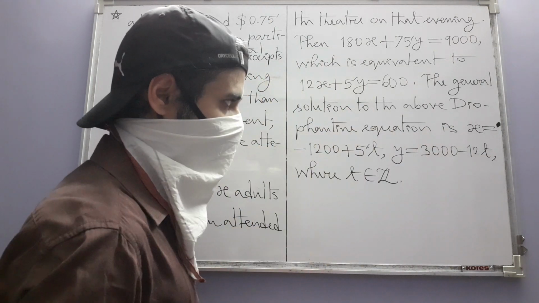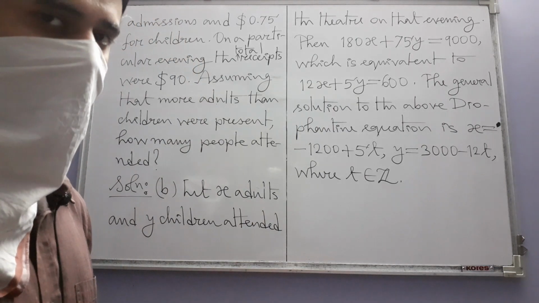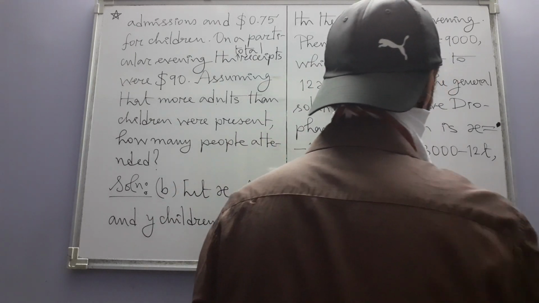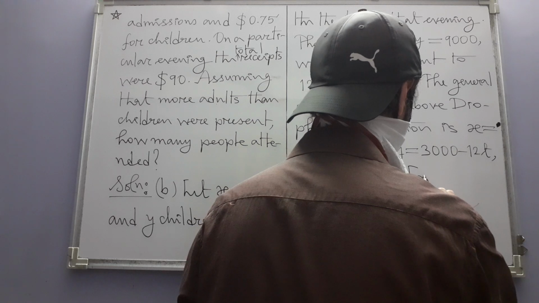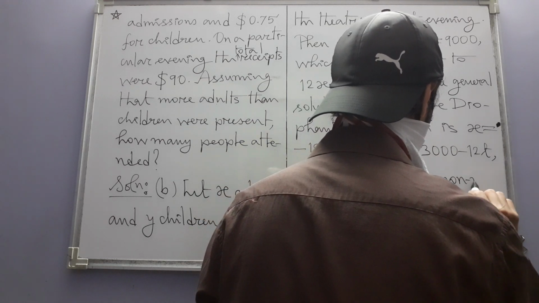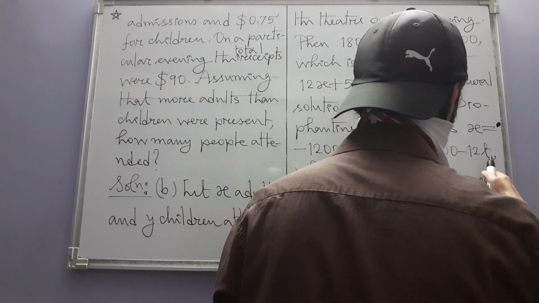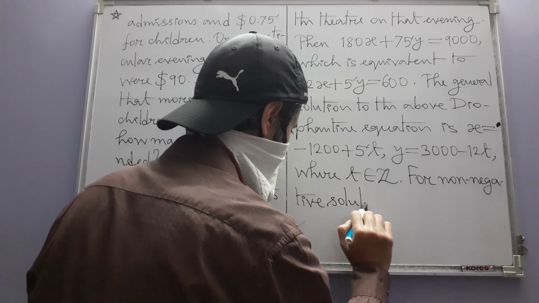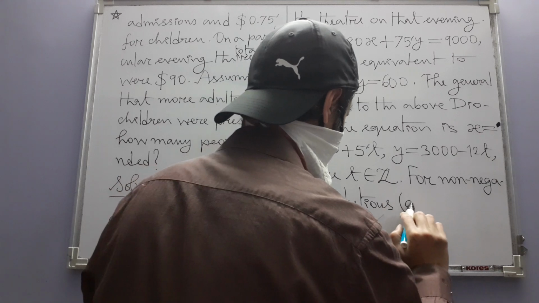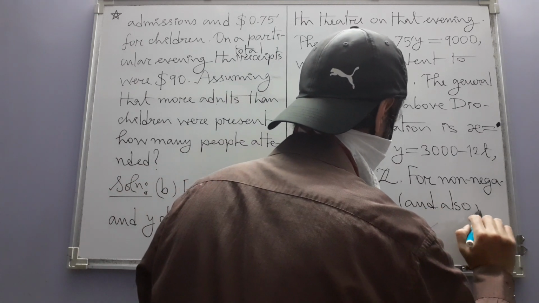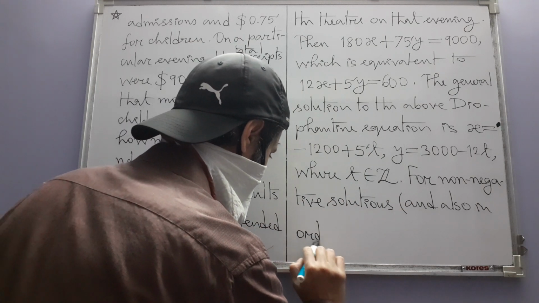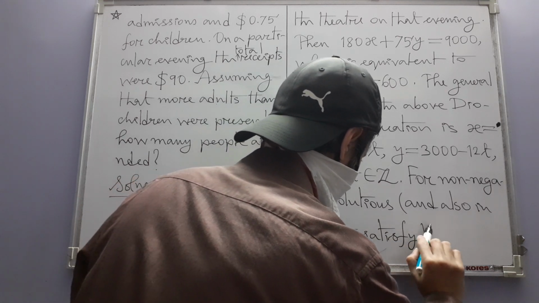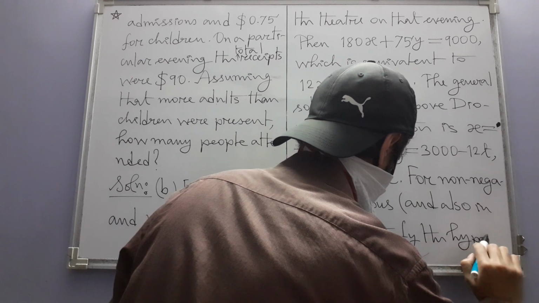This should be greater than or equal to this, and both of them should be non-negative because they represent numbers of people actually, for non-negative solutions and also in order to satisfy the hypothesis.